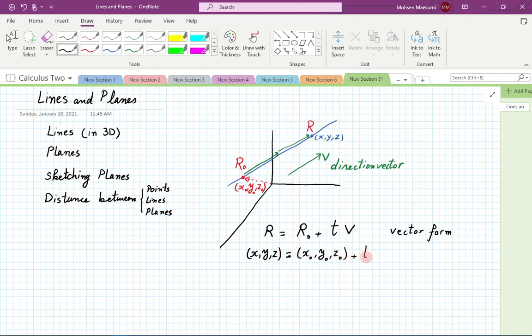T is a parameter that specifies different points on this line. V can be given as a vector, so that's going to be a, b, c, perhaps 3 numbers. So here I'll be multiplying t with a and b and c. That's my vector.